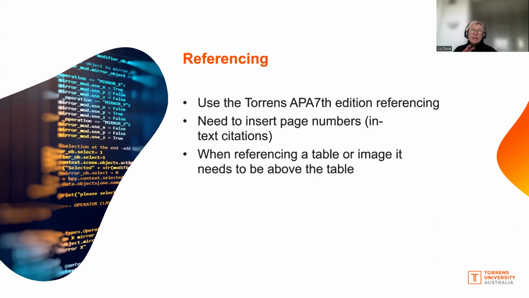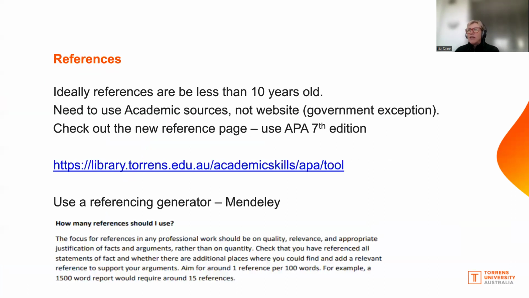You've also got that extra subject there to give you some academic skills. Use BrainFuse as well if you want to pop your report in direct to BrainFuse to get some feedback. I used it last trimester and it was good. It was really helpful. Remember that you must use page numbers in your in-text citations, and that referencing of tables and figures, etc., has moved to the top.